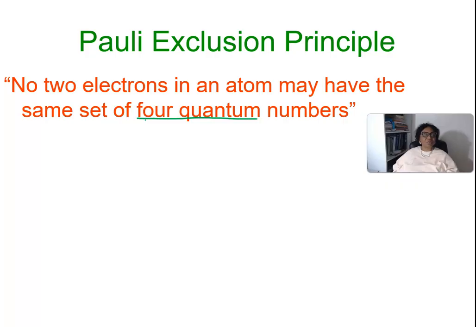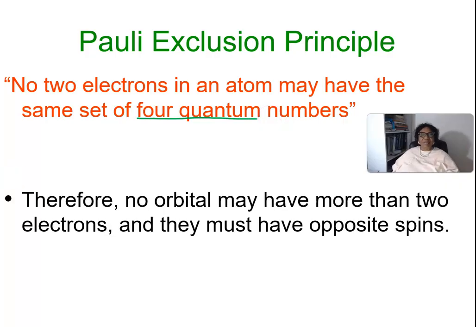Those are the 4. So no two electrons in an atom may have the same set of 4 quantum numbers. Each electron has its own. Therefore, no orbital may have more than 2 electrons. Each orbital can have only a maximum of 2 electrons, and they must have opposite spin.